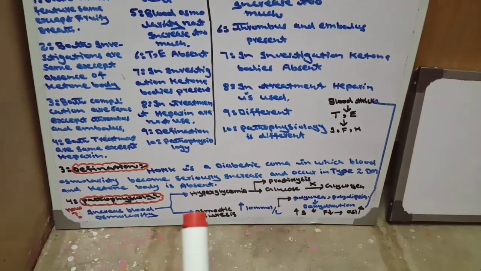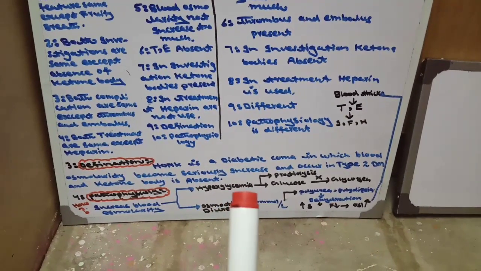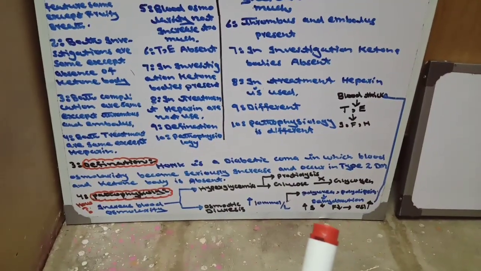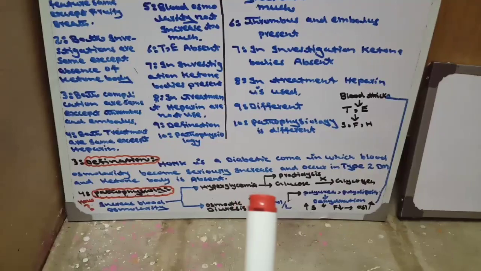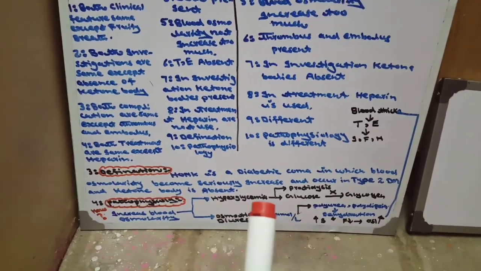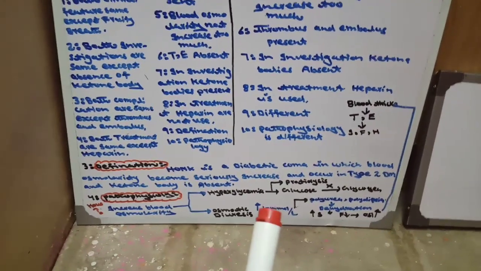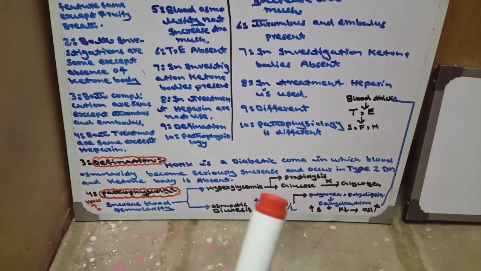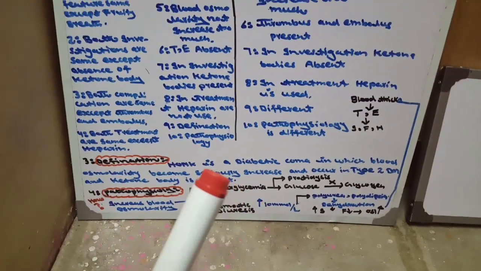When glucose is not reabsorbed 100%, it moves from the proximal convoluted tubule to the loop of Henle to the distal convoluted tubule. In the distal convoluted tubule region, due to glucose inside the nephron tubule, osmolarity increases due to solute concentration, and water from the interstitial fluid enters into the tubule.